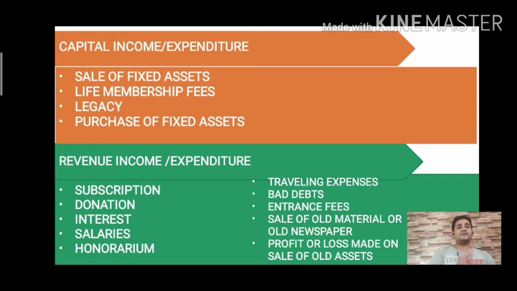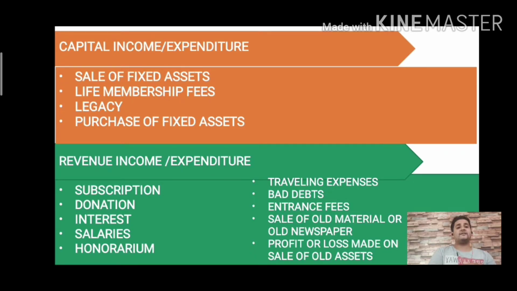Sale of old material or old newspaper is treated as recurring in nature, so it is treated as revenue and will come under the income and expenditure account.